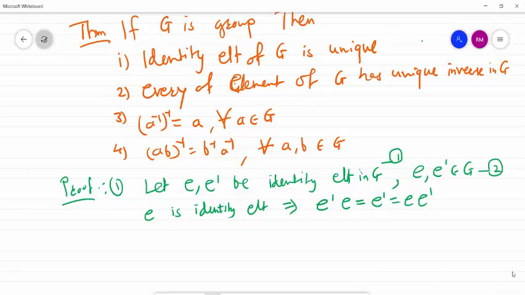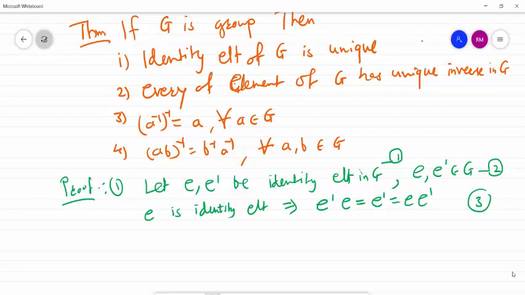Since E is an identity element, by the definition of identity element we can write E dash E equal to E dash equal to E E dash, since here E works as an identity element. So this we denote as 4.